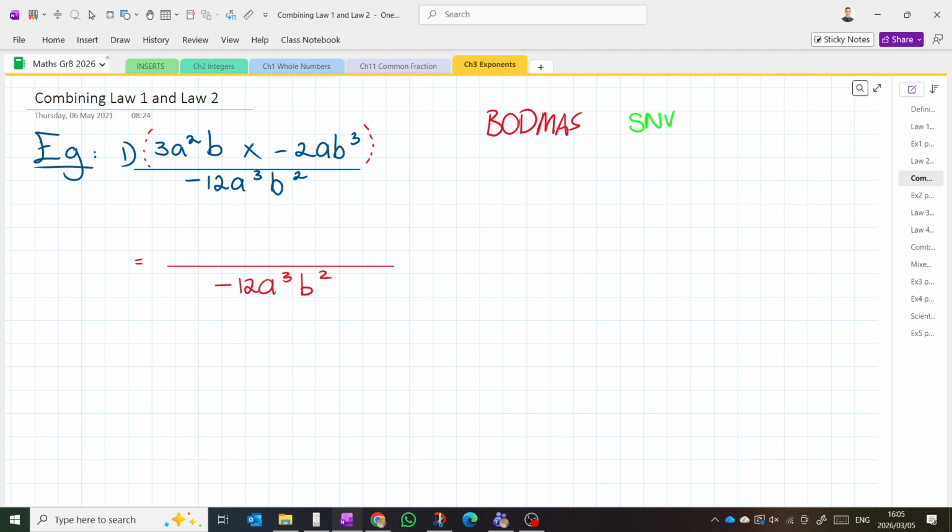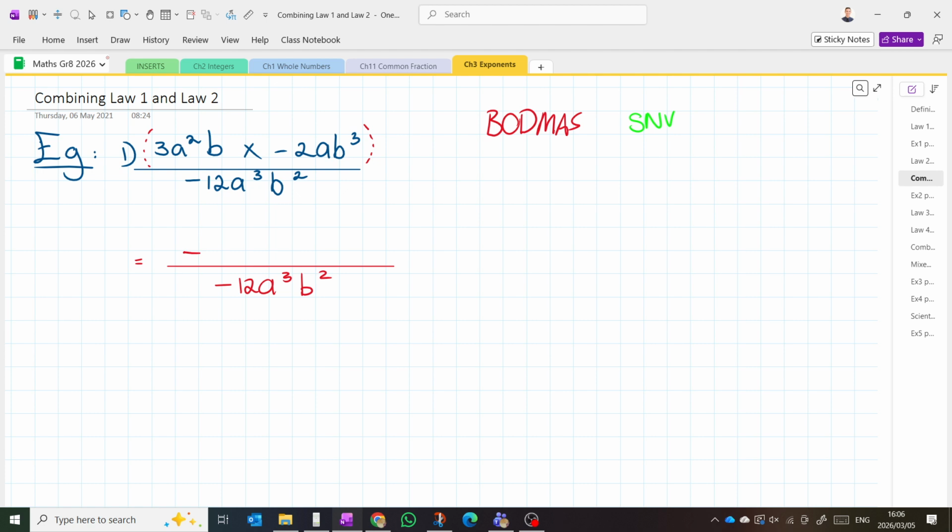Okay. Now we can see at the top that we are multiplying two terms, and that is where SNV is going to come in. So let's first look at the signs. There's a positive 3 times a negative 2. Positive times a negative is going to result in a negative. Okay, so that checks off the signs. Then we go on to the numbers.